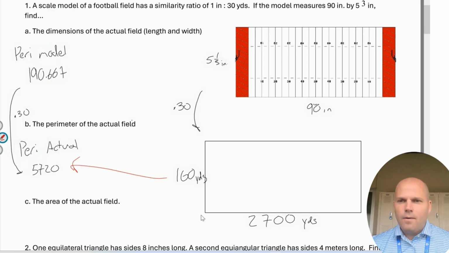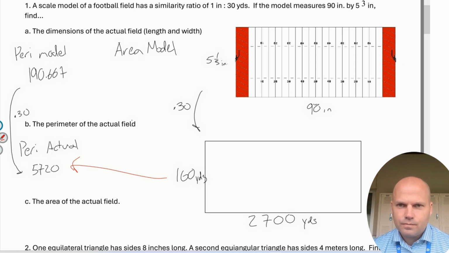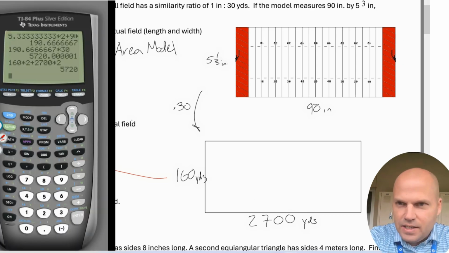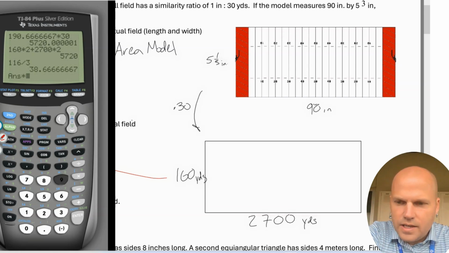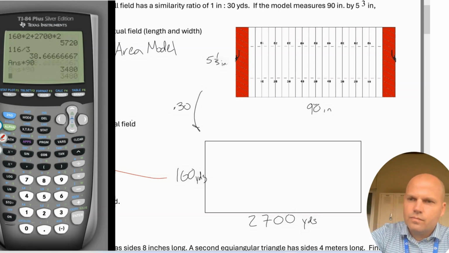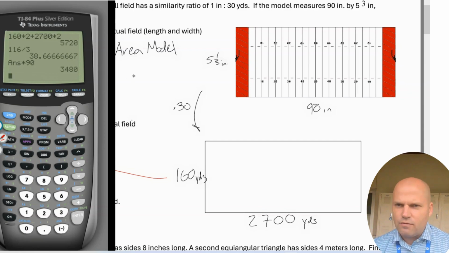Cool. Now, what about the area? Well, this is where, and this is the last lesson, if you found the area of your model, which would be 5 1/3 times 90, I'll just write 16/3 times 90. 3,480 square inches.